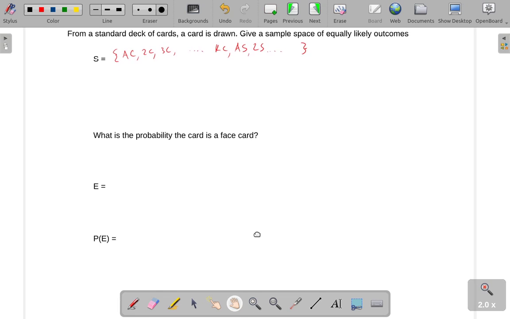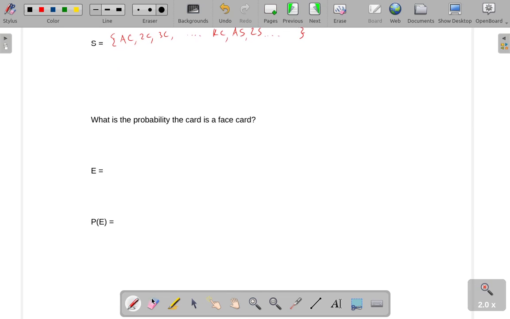So if I was to answer the question, what is the probability of drawing a face card? Well, the face cards, we saw that there was 12 of them. It's going to be the Jack, Queen, and King of each suit. So the Jack of clubs, the Jack of spades, the Jack of hearts, the Jack of diamonds, the King of clubs, the King of spades, whatever. There's 12 total.